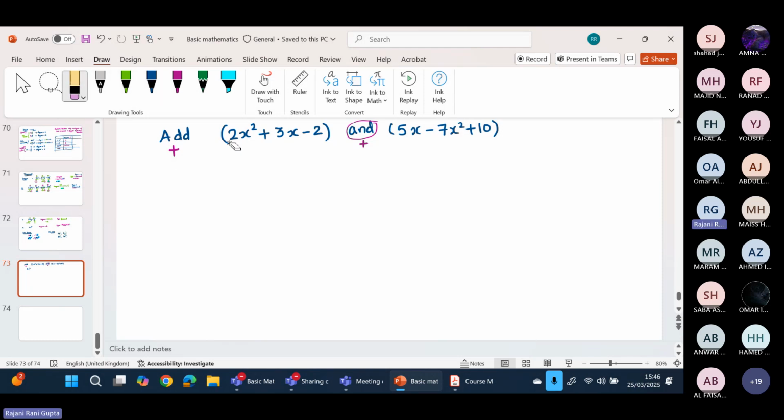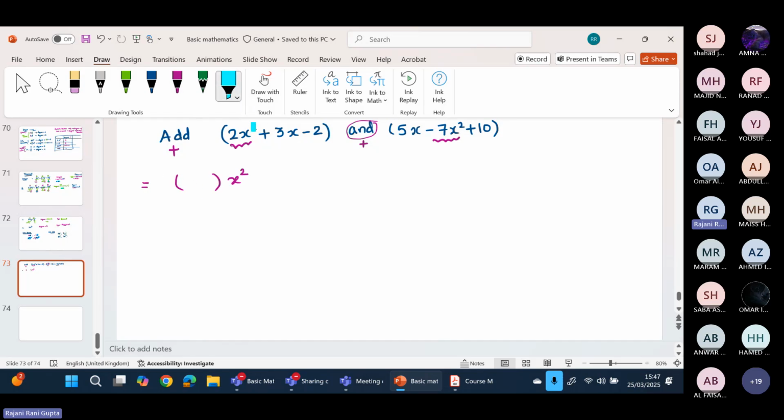When you are adding, you are adding the like terms. You have a term with x power 2 here, and also here. So in your answer, you should have a term with x power 2.